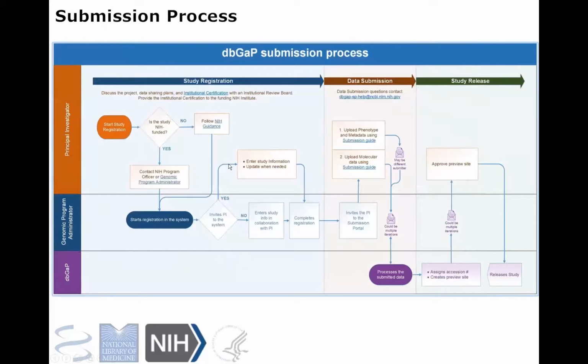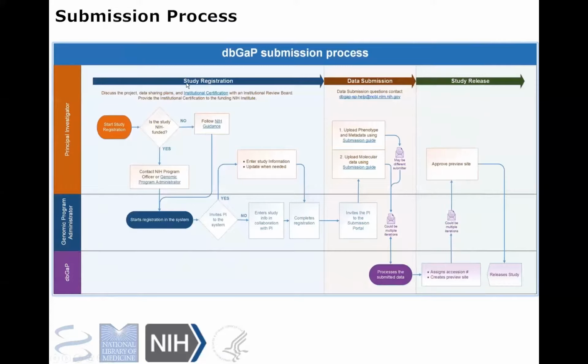The main thing for this registration is there's some paperwork that needs to come from the submitting institute, and that's the institutional certification. So that's really something you want to look at first and start getting filled out.